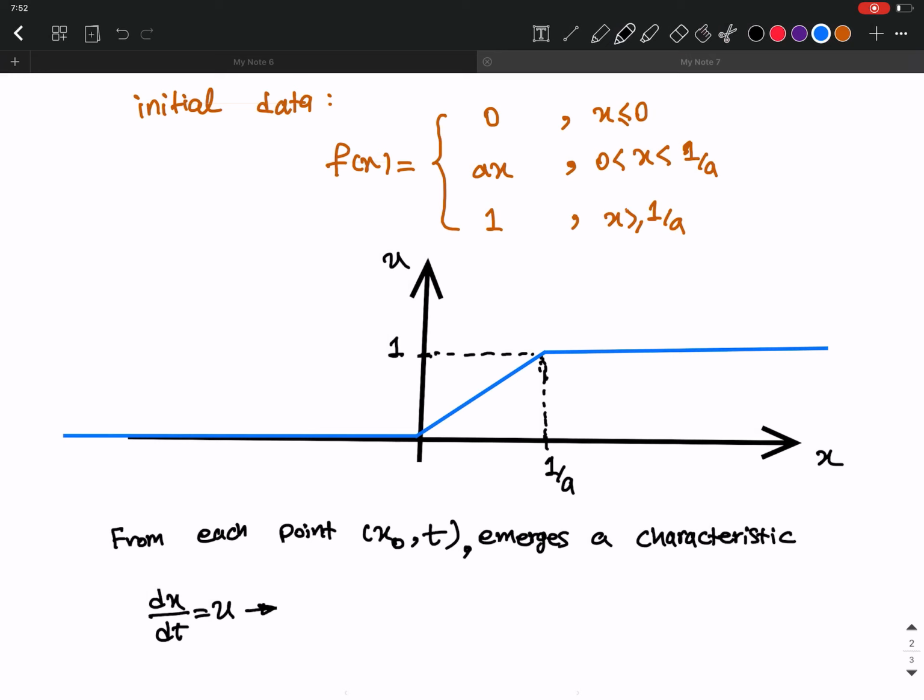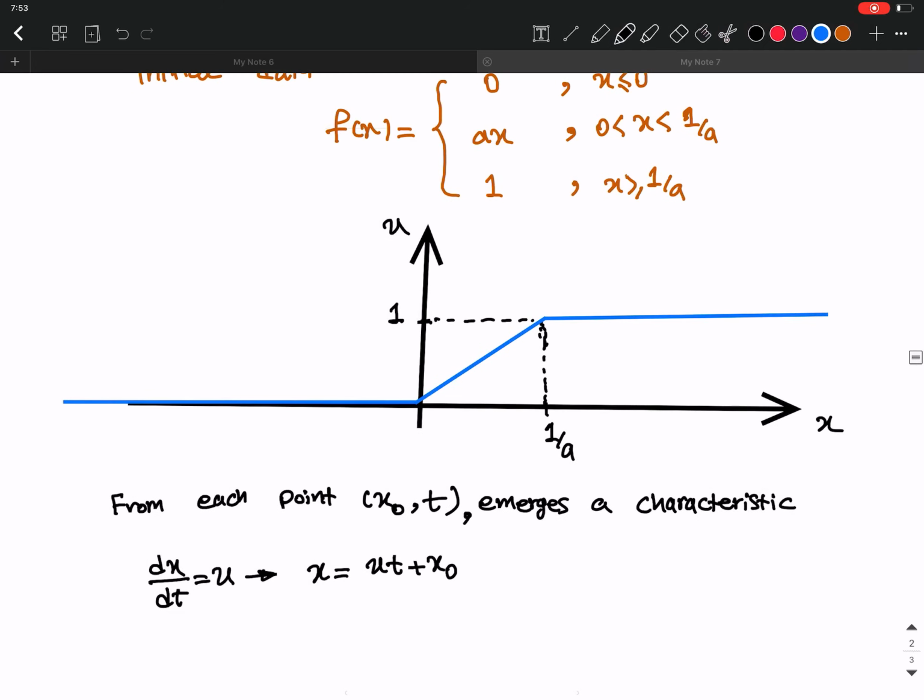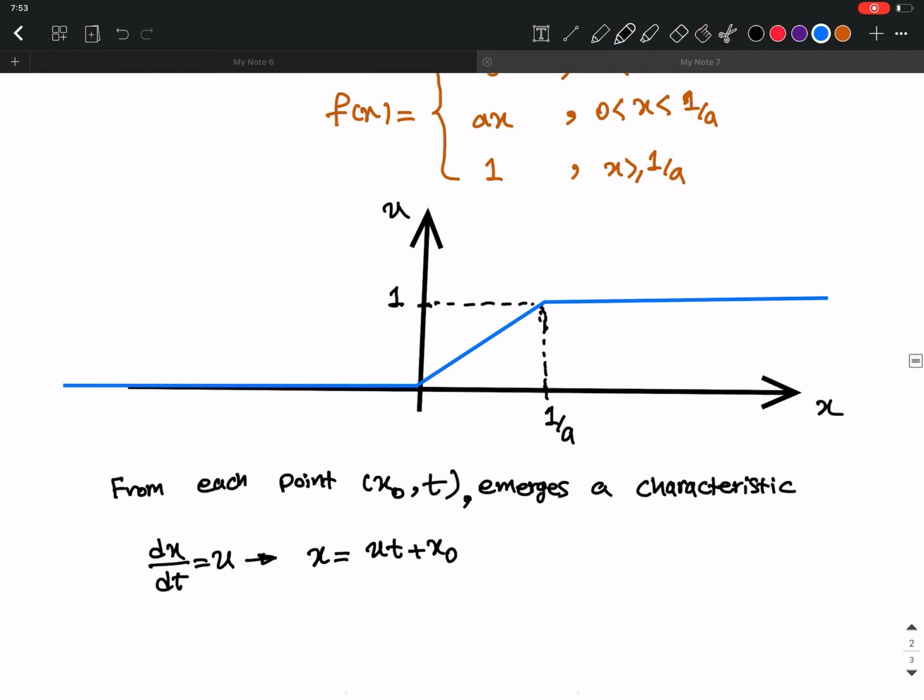So dx over dt equals u. And if you integrate this, it gives me x equals ut plus x0, right? So from each point x0 in the initial data, we have this line. So this line is gonna emerge from that point in the initial data, okay?